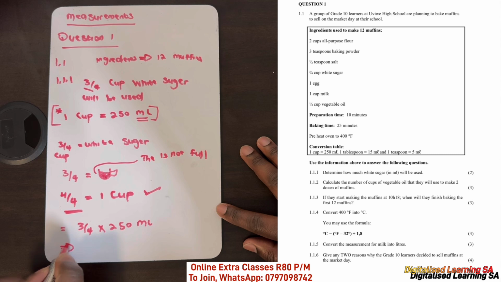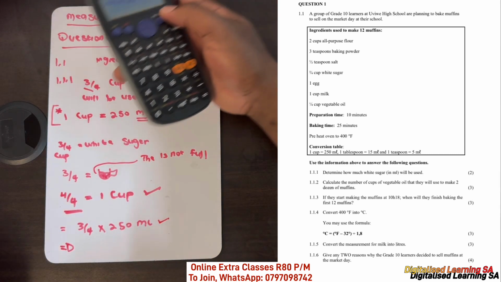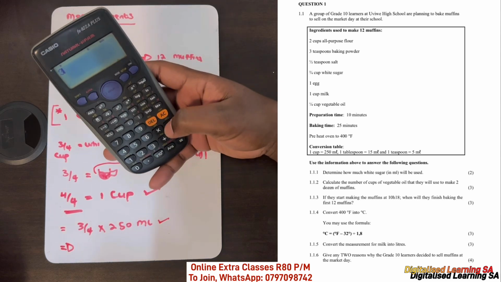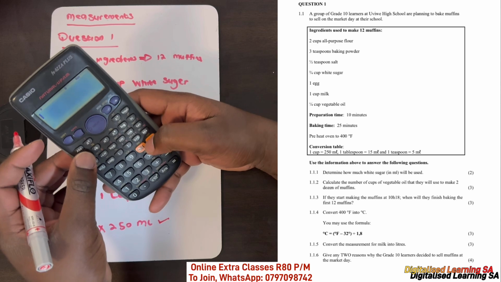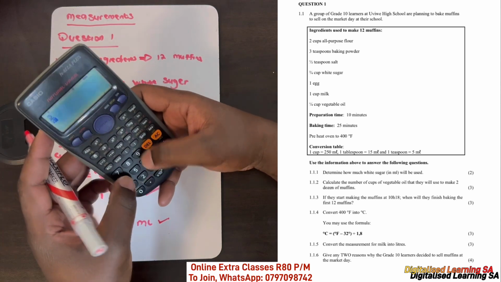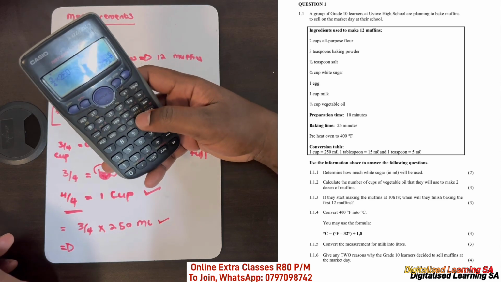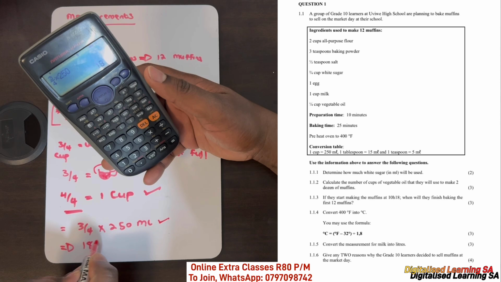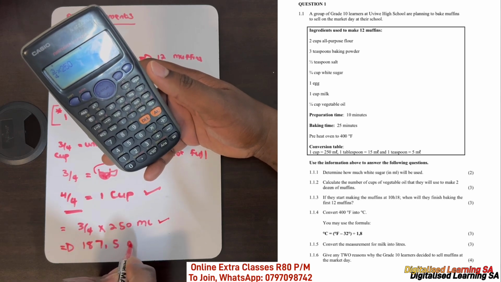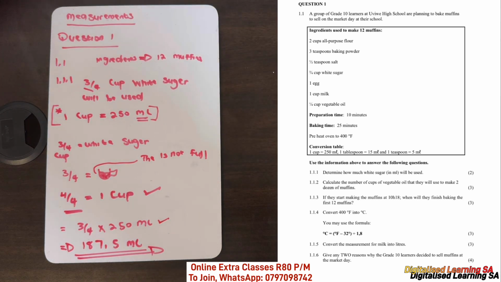To get our answer, we plug this into our calculator: 3 divided by 4 multiplied by 250, and our answer will be 187.5 milliliters. This will be our answer for question 1.1.1.